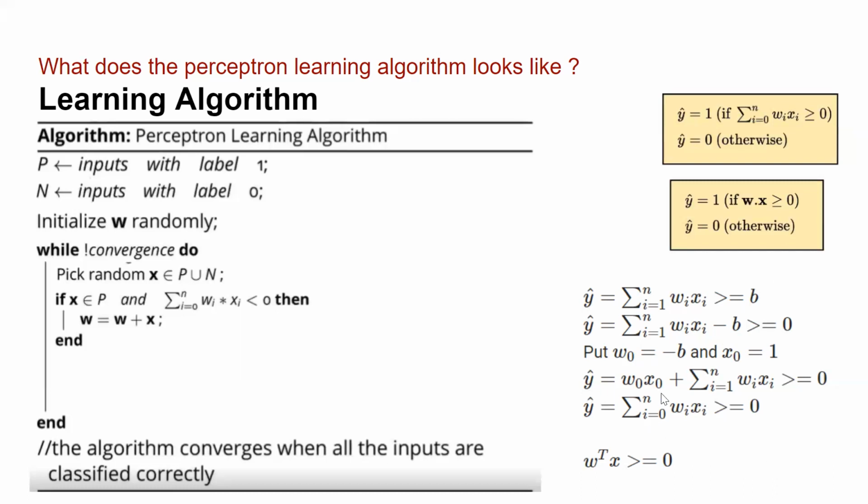And if I have to get rid of the summation sign, in the previous class, if you remember, I told you that W is one vector, X is this vector, and W transpose X is nothing but W dot X, which was equivalent to this expression. So I can write this in this notation: W transpose X greater than or equal to 0.